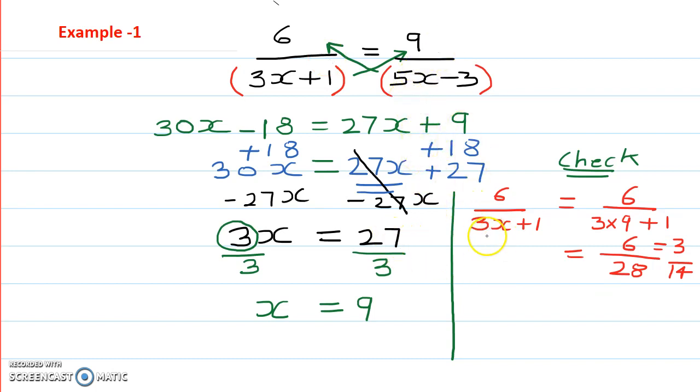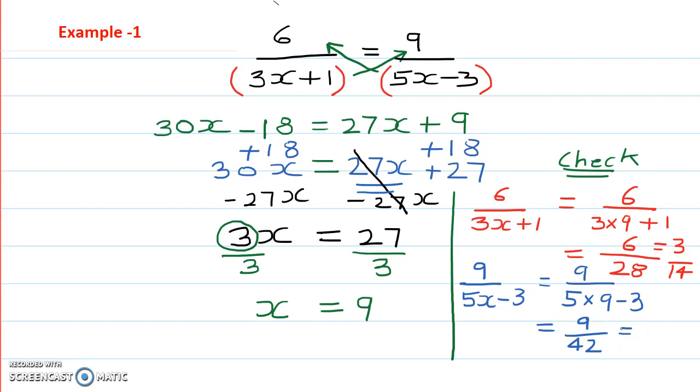Let's write down 9 over 5x minus 3, and replace x with 9. So it will look like 5 times 9 minus 3. 5 times 9 is 45, and 45 take away 3 is 42.